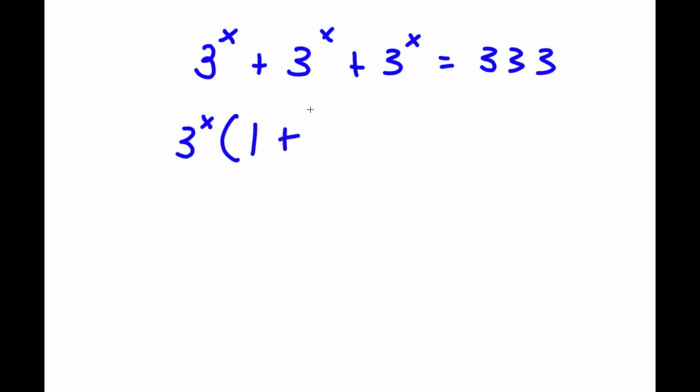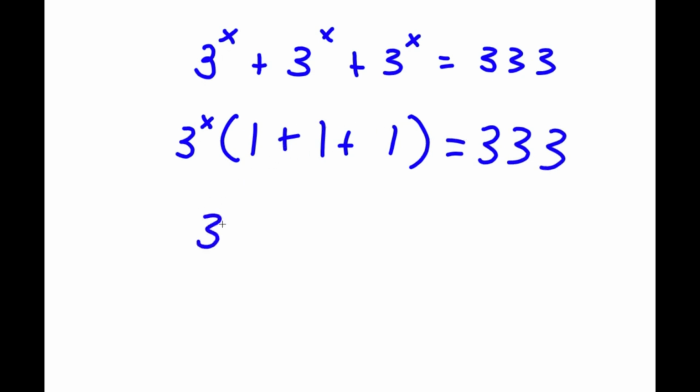So I have 1 plus 1 plus 1, and this is equal to 333. Now, if I add what's in the parentheses, I get 3. So now I have 3 to the power of x times 3 is equal to 333.